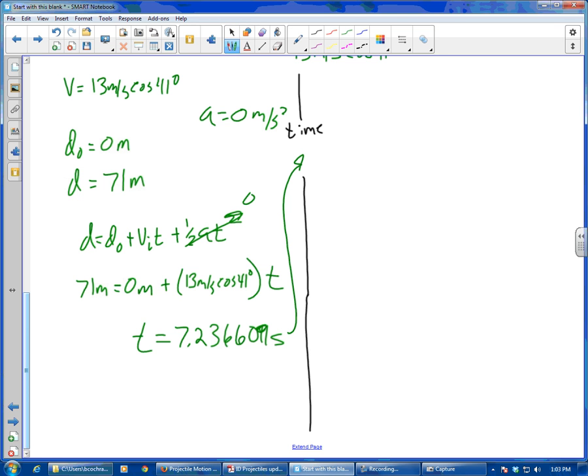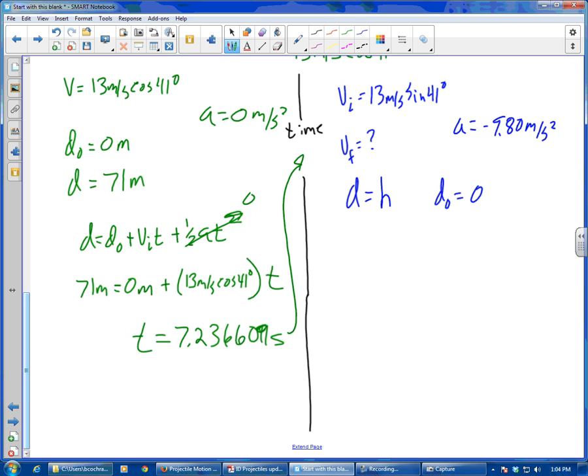Now vertically, I know my initial velocity is 13 meters per second, sine 41 degrees. No clue what my final velocity is. My acceleration is negative 9.80 meters per second squared. Where I start vertically is at, I'm going to call it H. Where I end up vertically is 0 meters. That's all I know.